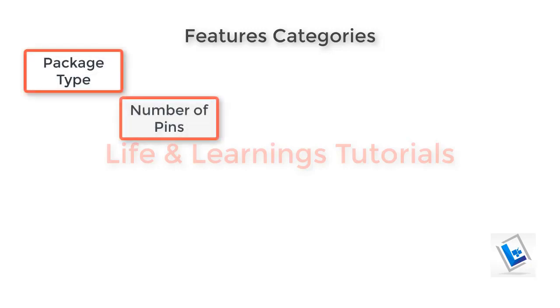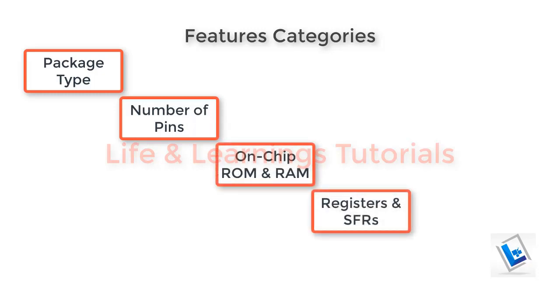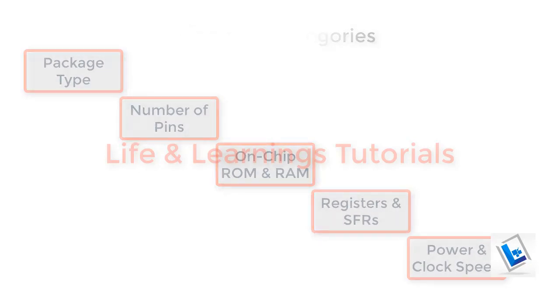If we consider the features of a microcontroller, then we can divide it into several parts such as the package type, the number of pins, available on-chip ROM and RAM, available registers and SFRs, power supply requirements, clock speed and many other features.